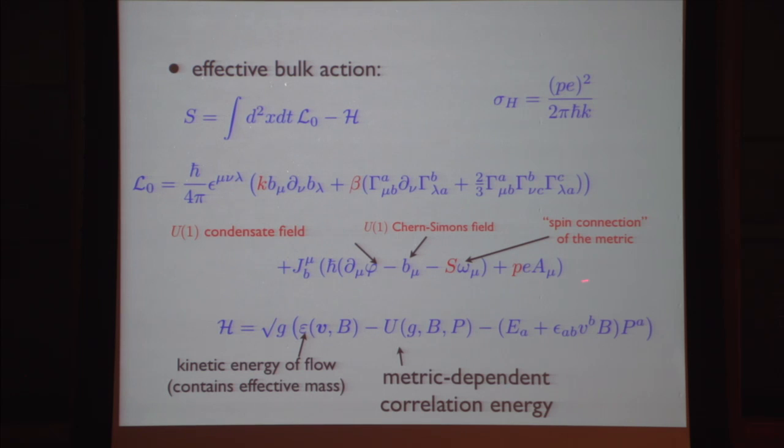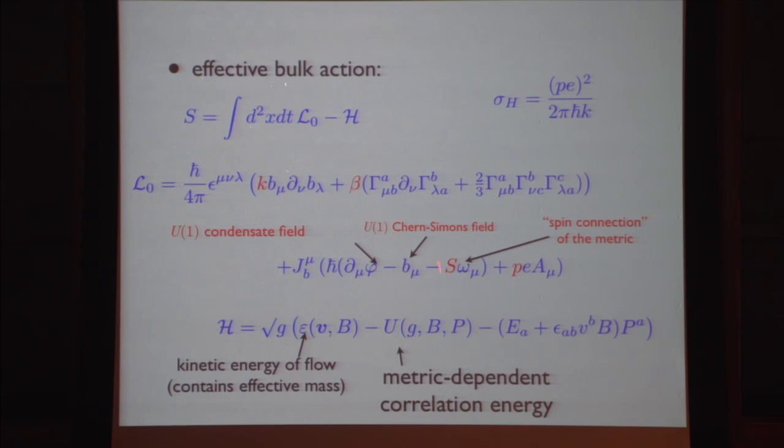And what you get is very similar to the term one got in the Ginzburg-Landau theory, the thing that got everything right: coupling the gradient of a condensate field, which really just ensures the Lagrange multiplier for conservation of the composite boson current, to the Chern-Simons term. Now it couples both to the Chern-Simons term and, with this spin parameter, to the spin connection of the metric.